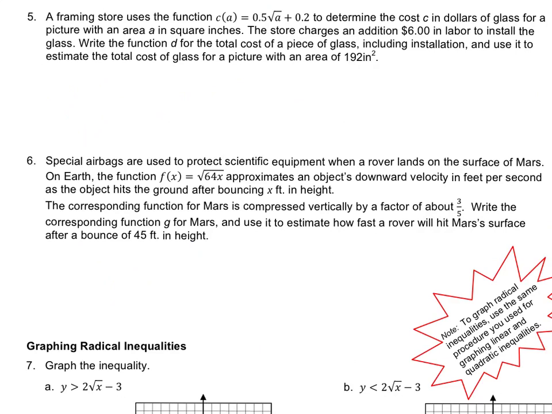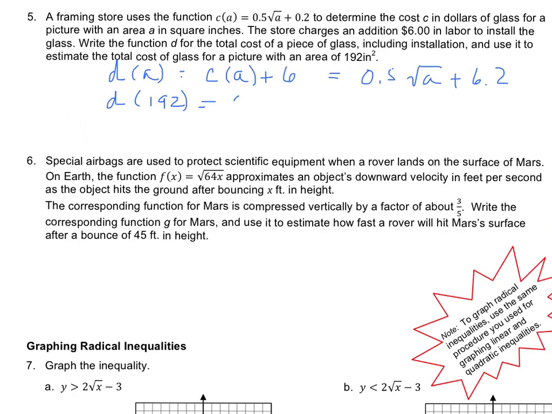So we certainly know that when we look at d of a, that's just our original cost function c of a plus an additional $6. So, we could also look at that as just 0.5 square roots of a plus 6.2. So when we want to look at our specific application for a glass with an area of 192 square inches, then that's what we put in for our a value.